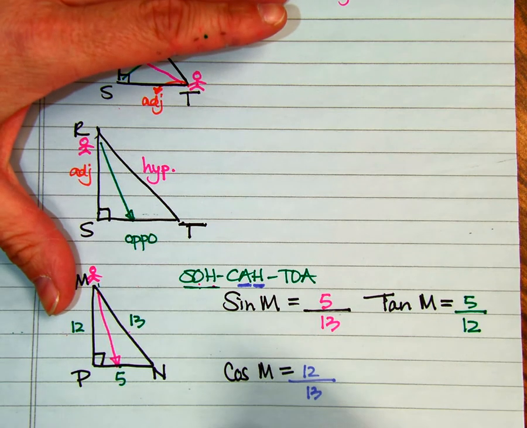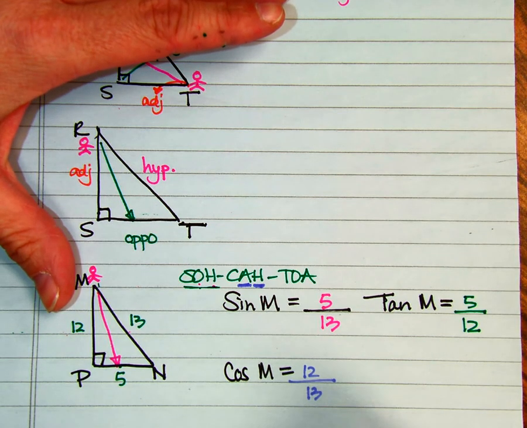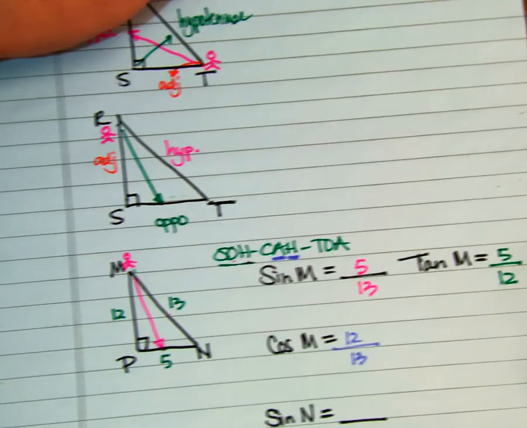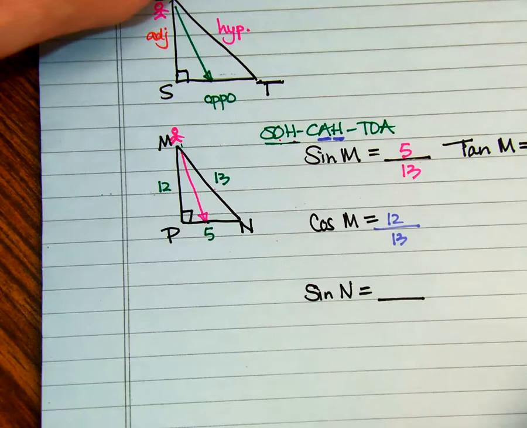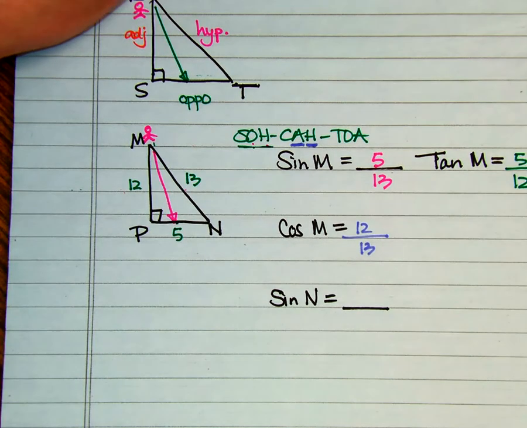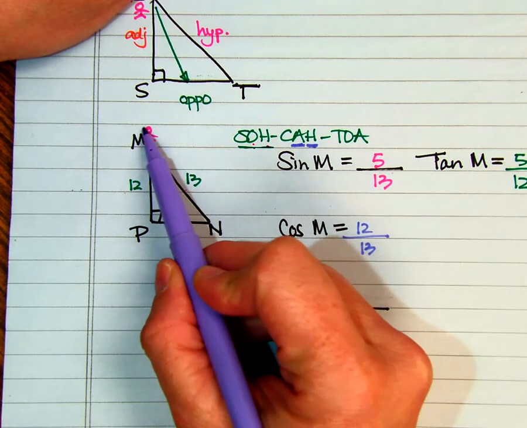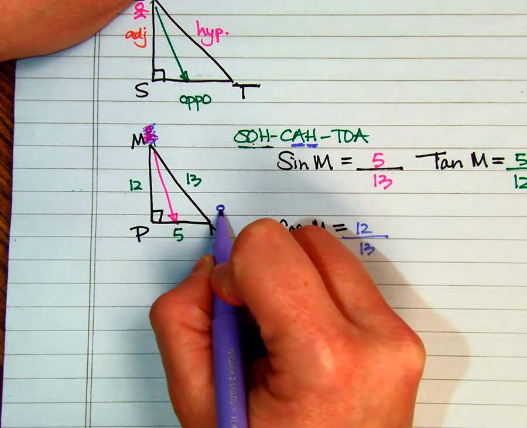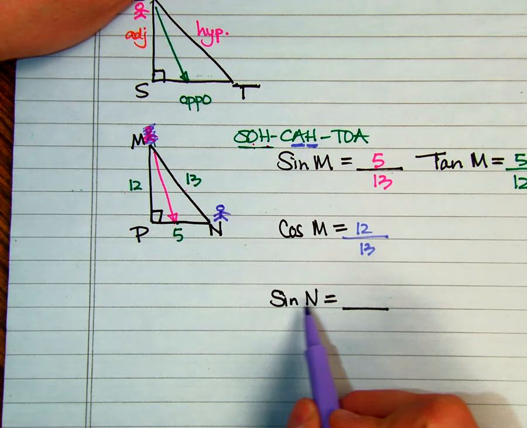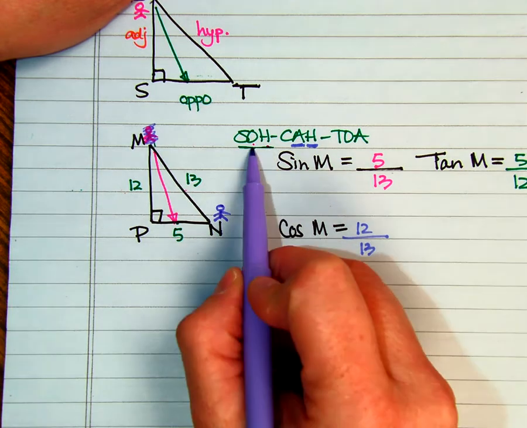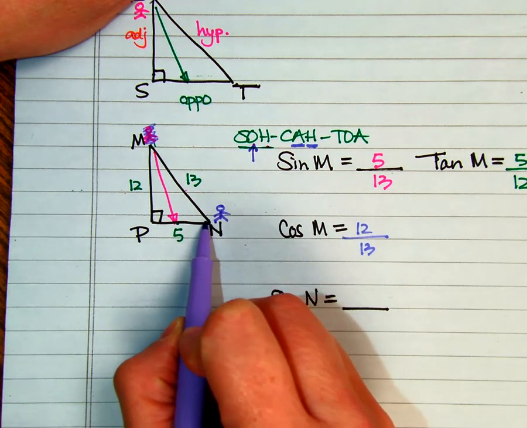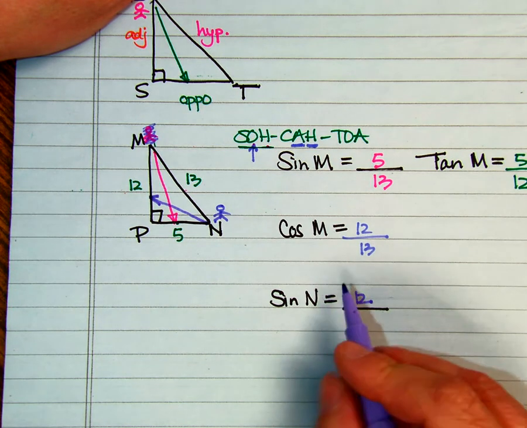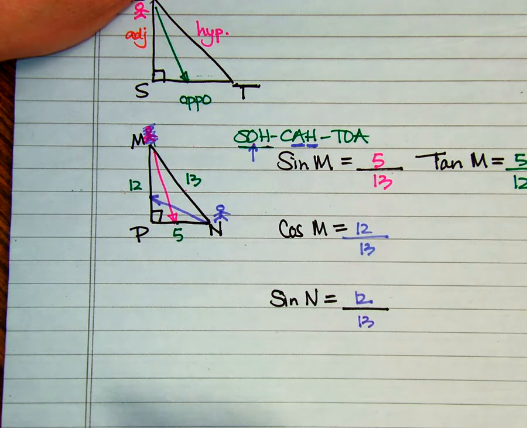Now I'm going to throw something out there. What would the sine of N be? What would my ratio be there? Okay, so the sine of N. So now I need to kind of get rid of my little dude standing there. Now I'm going to be standing at N. Sine of N is going to be the opposite, which from here is going to be the 12, and my hypotenuse, which is the 13.